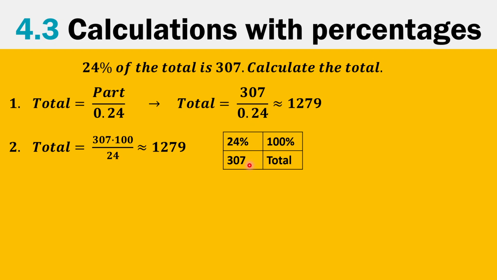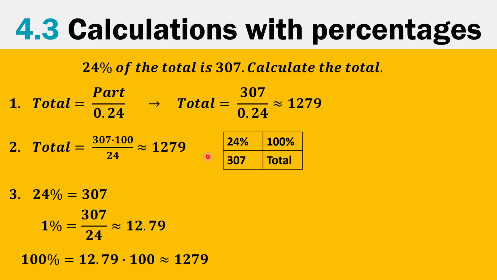I can now do a cross multiplication and write down 307 times 100 is the same as the total times 24%. And then in one go, you can even write it like this. Total equals 307 times 100 divided by 24. It gives me the same amount. This is just as correct as this way. So you can also use this way of writing down the calculation.